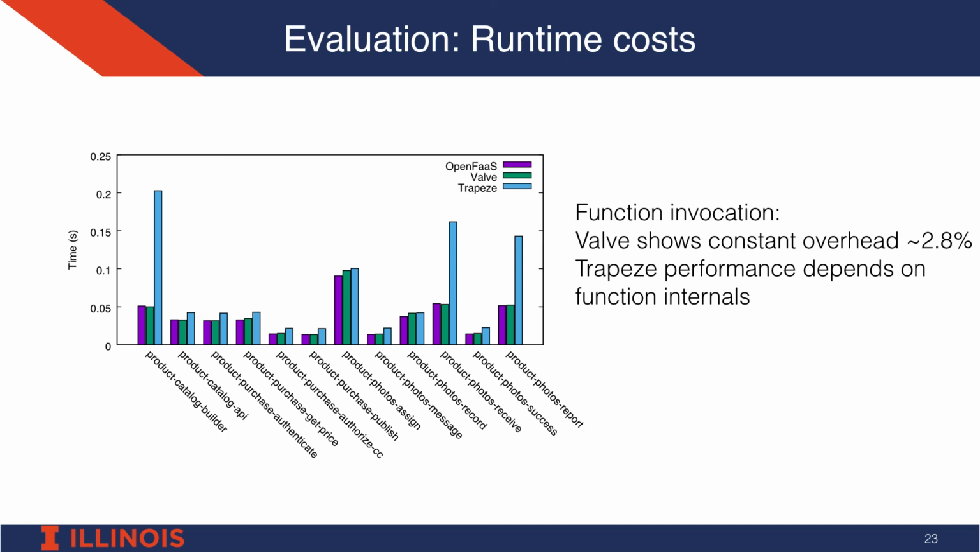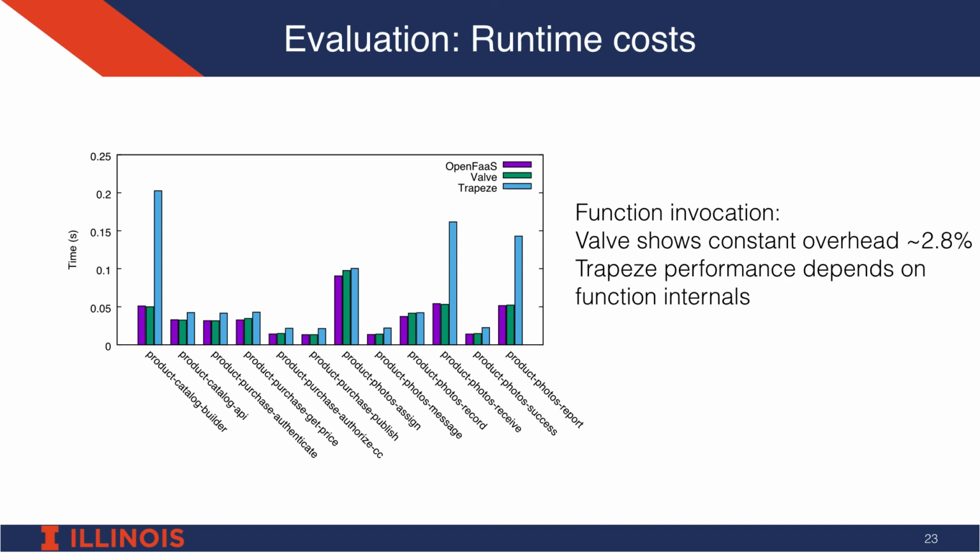However, the most critical performance cost is the function invocation time, and it also shows modest overheads for Valve. This time is the round trip time starting from the invocation of a request to the receipt of the response. The average overhead of Valve in this case is just 2.8% per invocation.